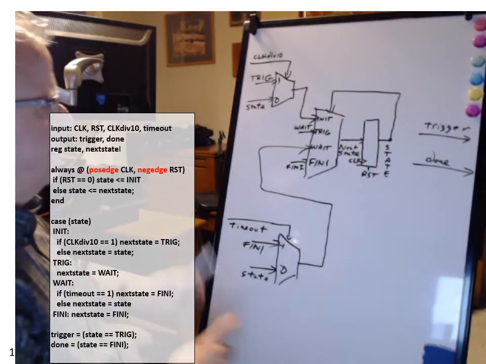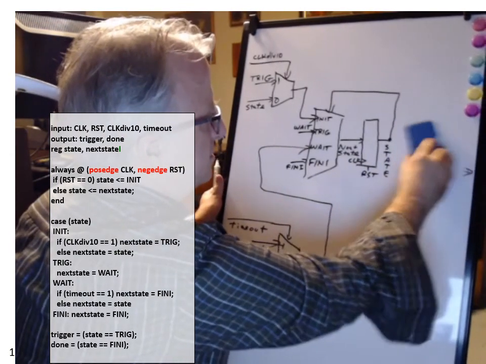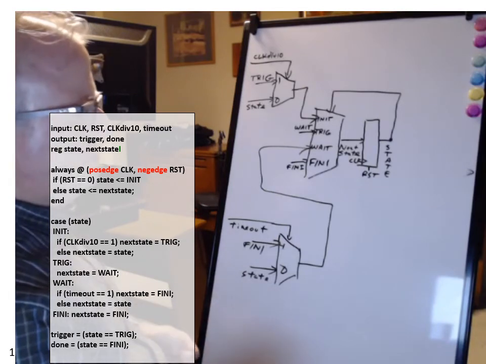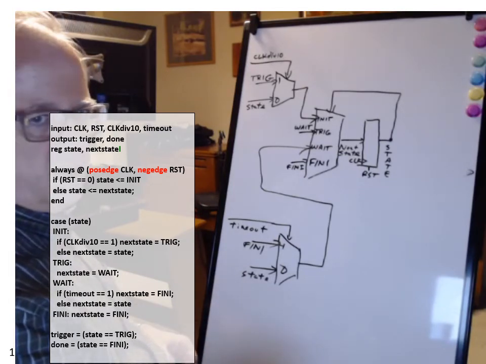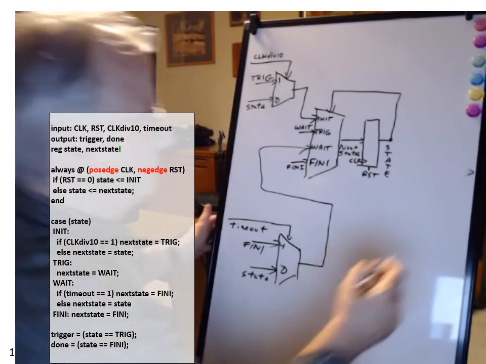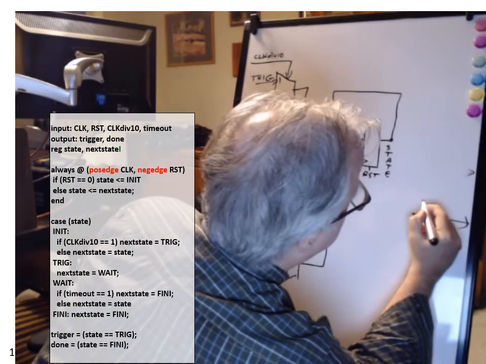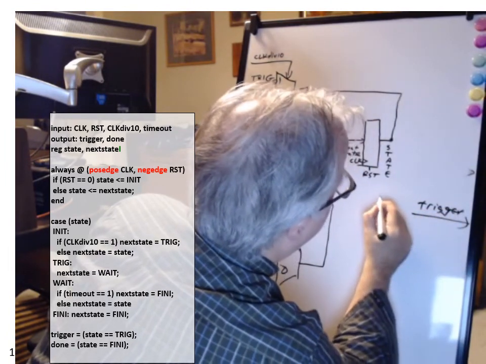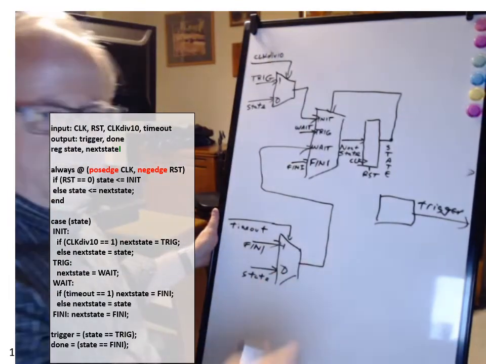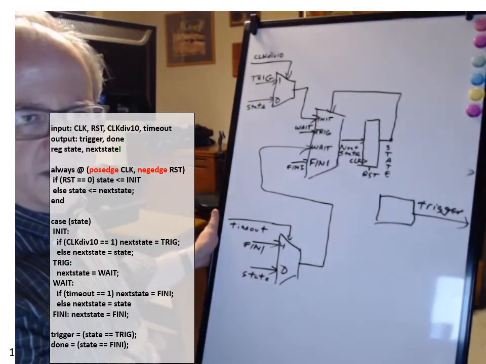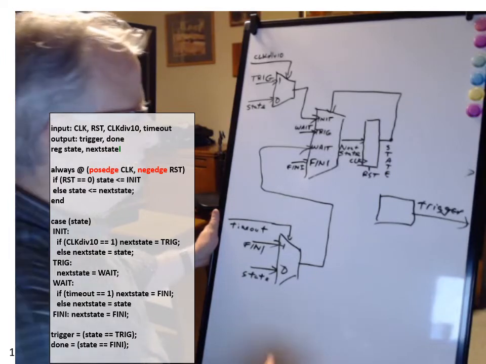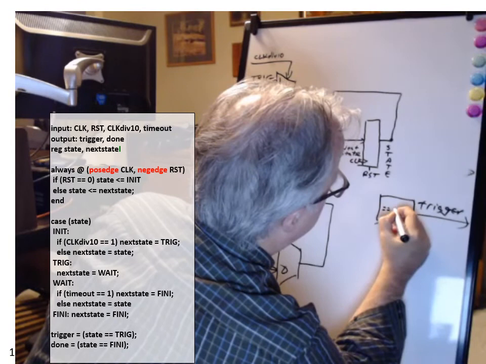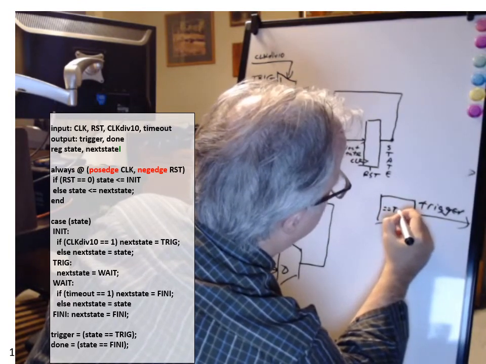And once again, I didn't plan this out on a vertically oriented whiteboard so well. I am going to have output logic for trigger. And it's just going to be combinational logic that determines if state is in fact equal to the code for state trig.